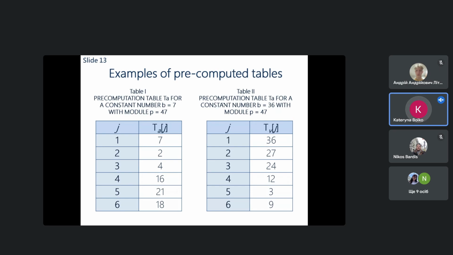On the left side, you can see the tables for b equals 7, while on the right side, you can see the tables for b equals 36.